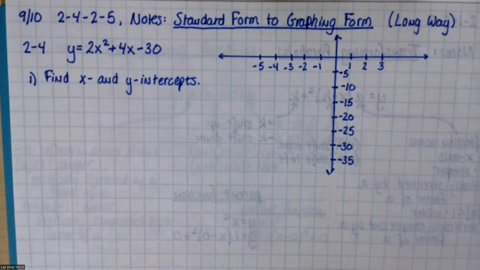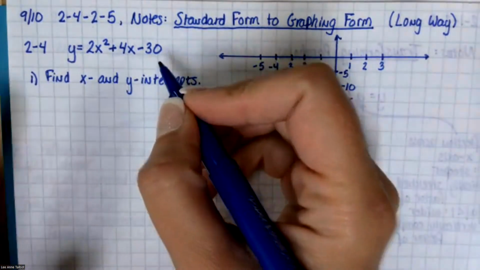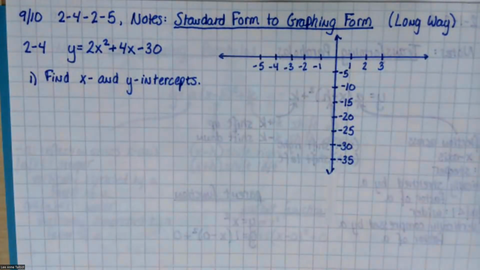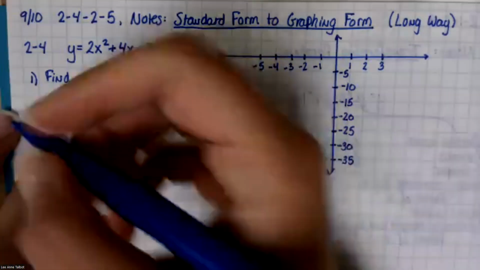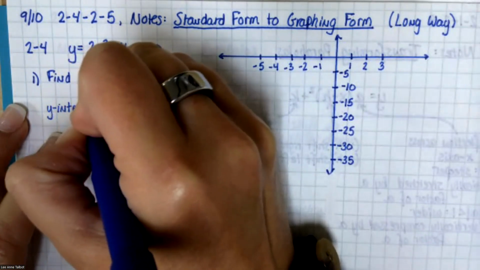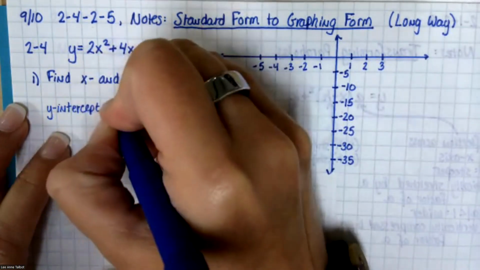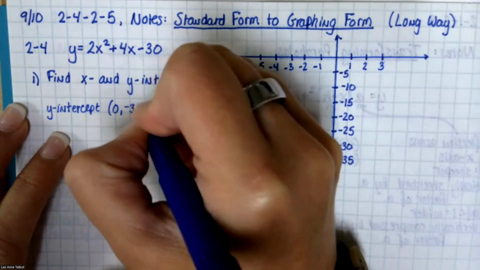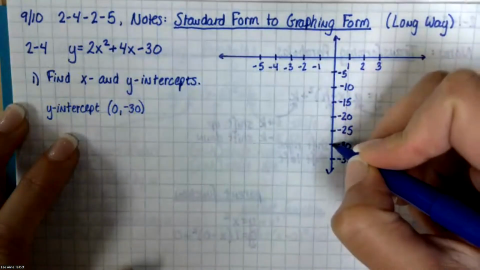Okay, so starting right off the top, can anyone tell me the y-intercept? No math, no nothing, just looking at it. Can you tell me the y-intercept? Negative 30, beautiful. Okay, so we're going to note that first.